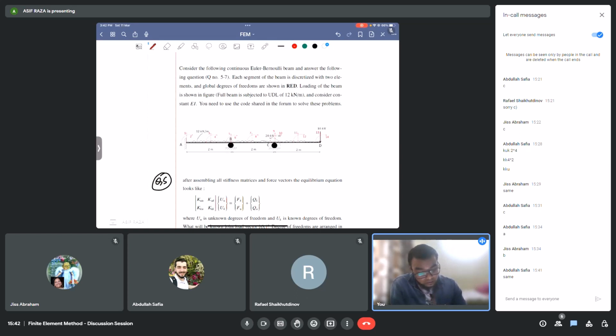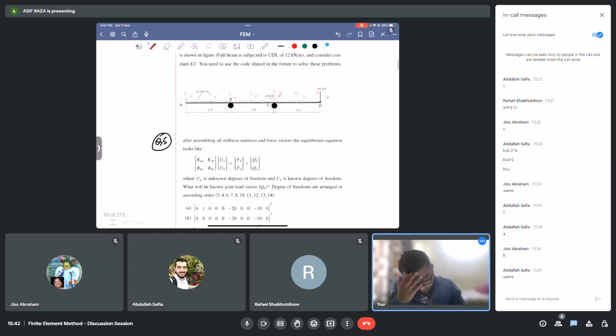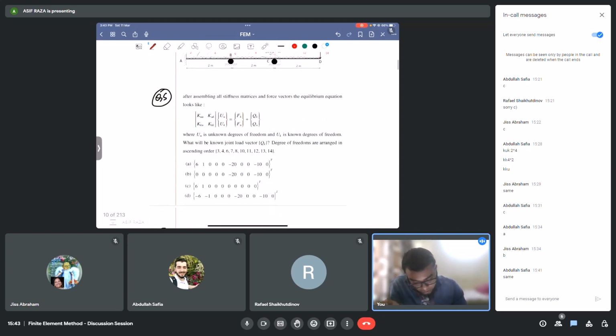Each segment of the beam is discretized with two elements. Global degrees of freedom are shown in red. Loading of the beam is shown in the figure, 12 kilonewton per meter. It's fully loaded, and consider constant EI.